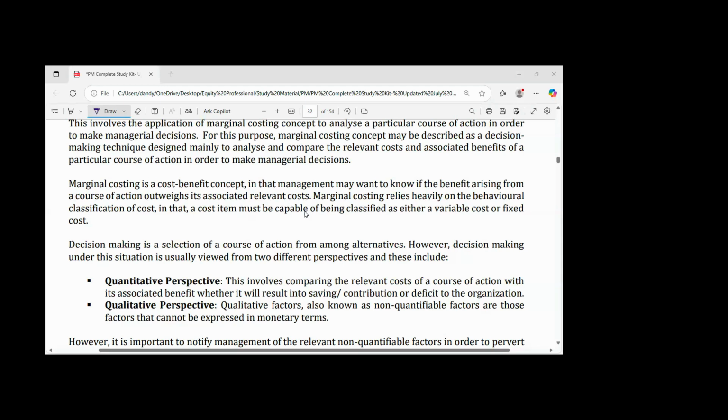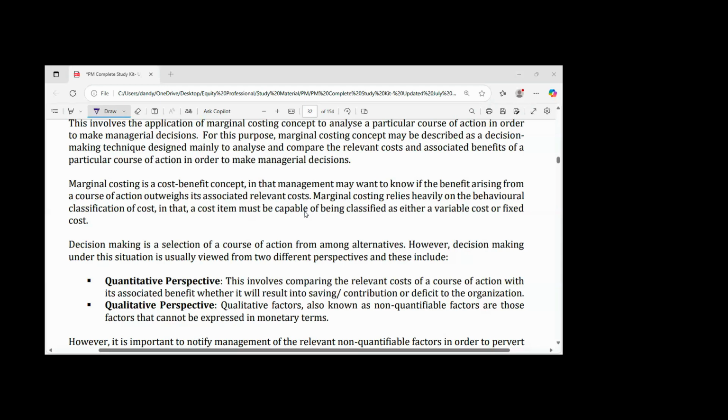There should be a third party that will come in to review, to approve, to check the accuracy of what has been done, just to ensure that the right thing is being done and to avoid any risk that the company may be exposed to. So that is the essence of having that kind of segregation of duty. That is just by the way.